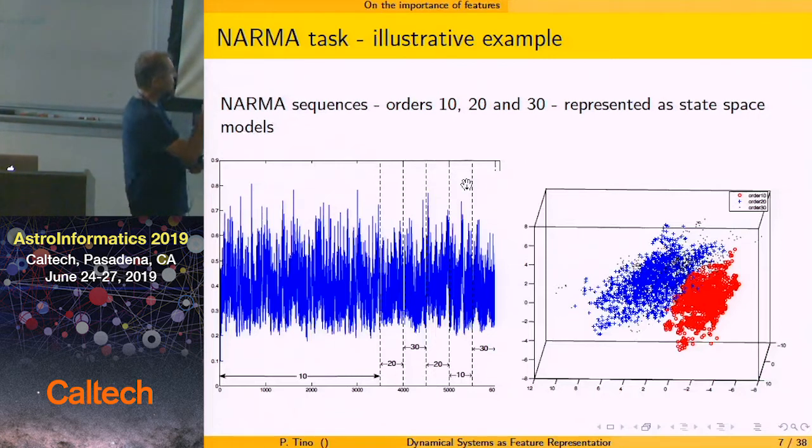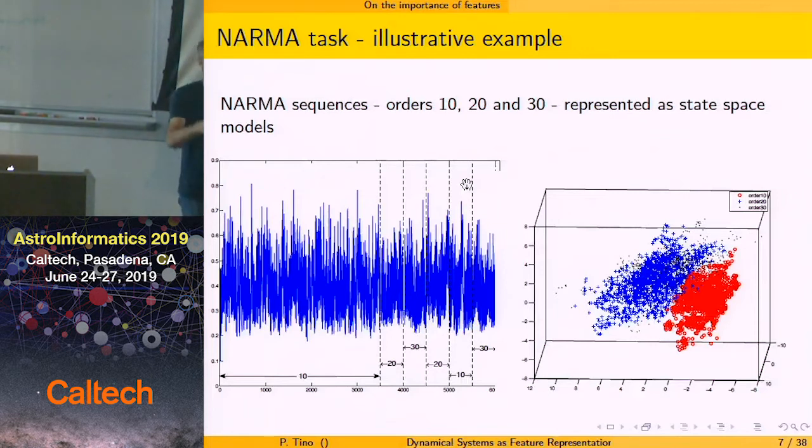Because we have lots of data, we were able to use a dynamical system. There is a special state space model called echo-state network that we use in machine learning. But what I do here is a multidimensional scaling plot of the parameters of the dynamical system. So I had a rolling window, and the window was rolling like this.